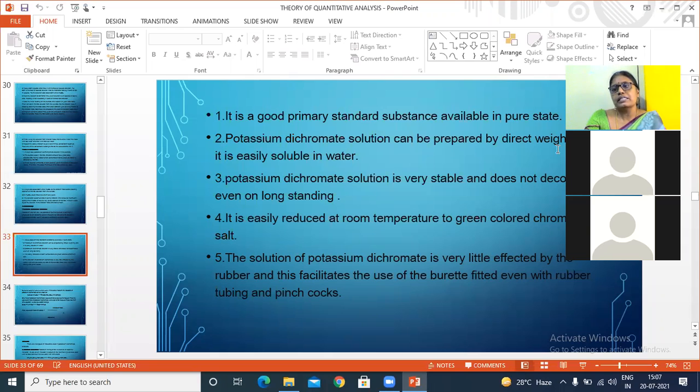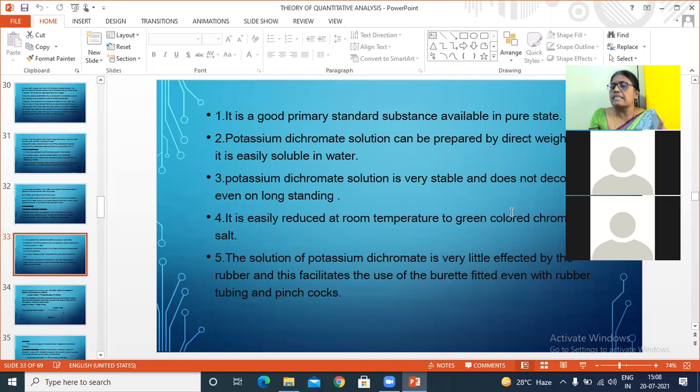The main advantage of potassium dichromate is that it is used as a primary standard substance, whereas potassium permanganate is not. Regarding primary and secondary standard substances, which we discussed in previous classes, a primary standard must not decompose easily, must be available in a pure state, and must not be hygroscopic, that is, it must not absorb water from the atmosphere. If it has such properties, it is a primary standard substance.